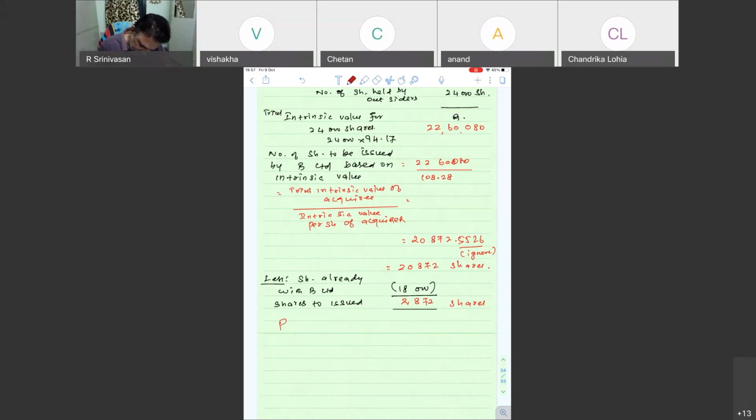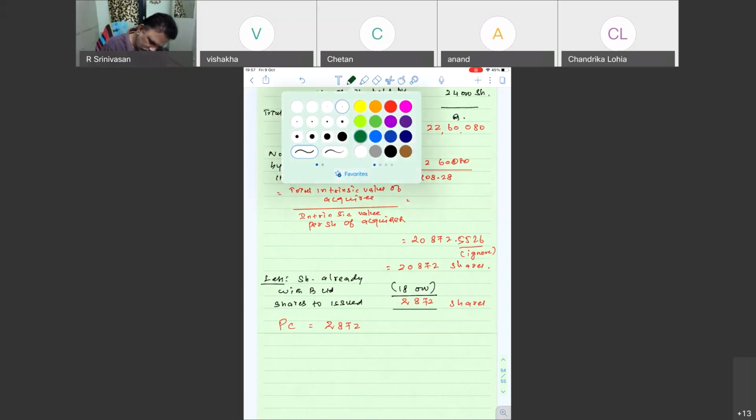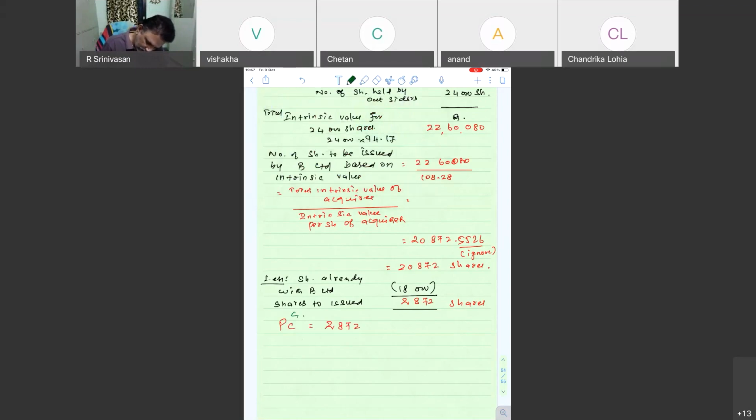Purchase consideration will be 2,872 into the fair value of the share they have given. The fair value of shares of B Limited is rupees 120.